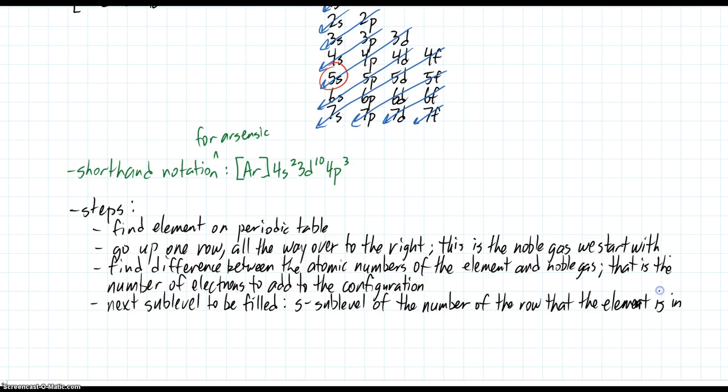And from there, it's just like any longhand notation or really orbital diagram problem. We're then applying the same rules that we would as usual in order to determine what the full shorthand configuration is.